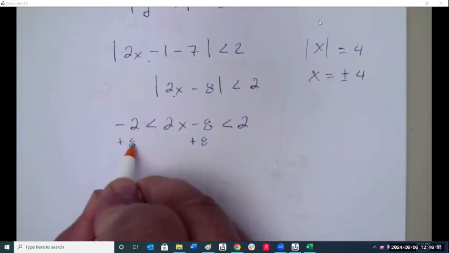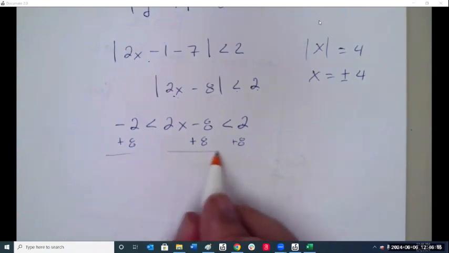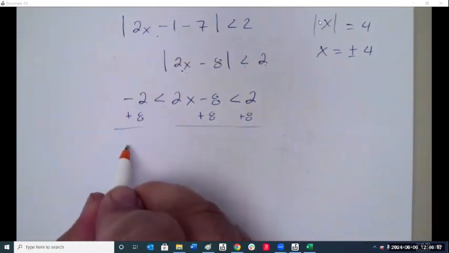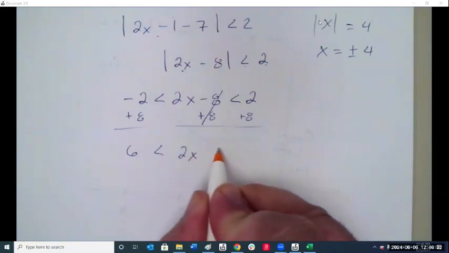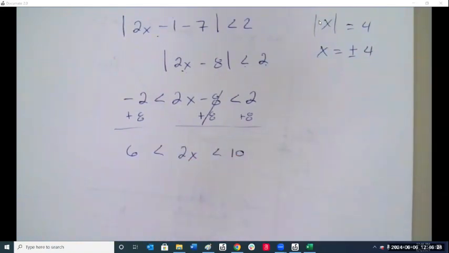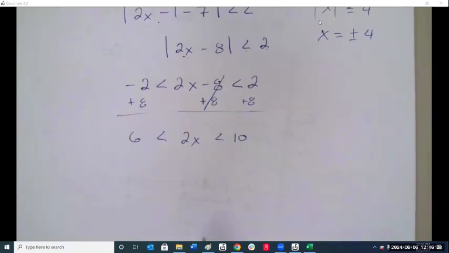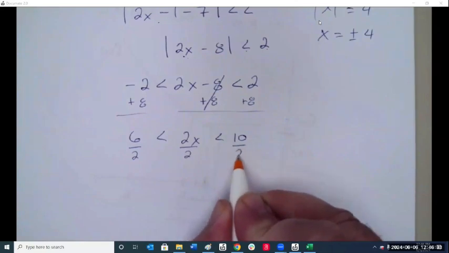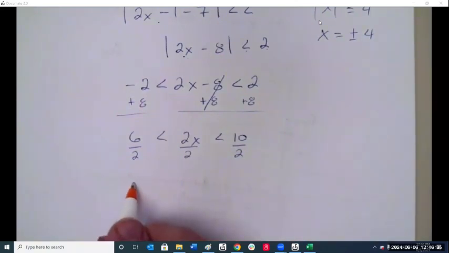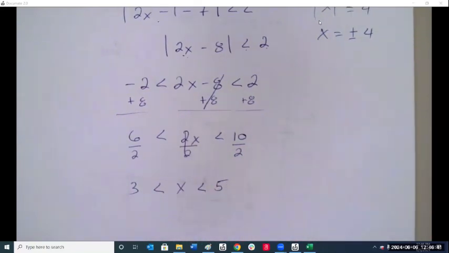Add 8 to everybody. Eight minus 2 is 6. So I have 2x. 2 plus 8 is 10. Divide by 2. So I get 3, 5.